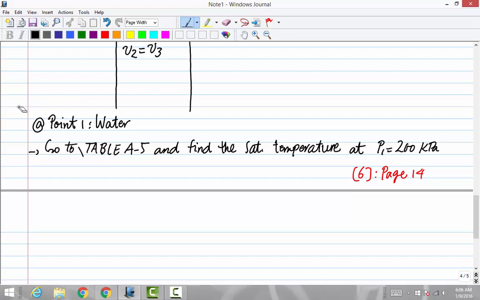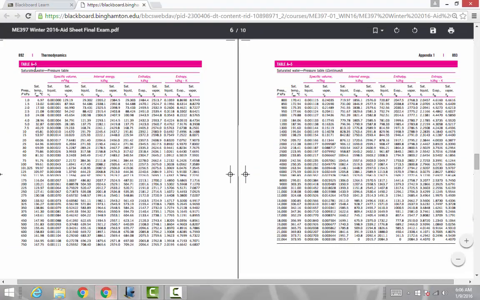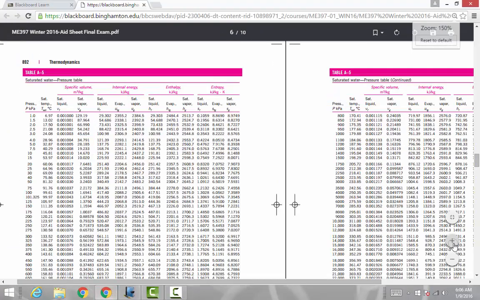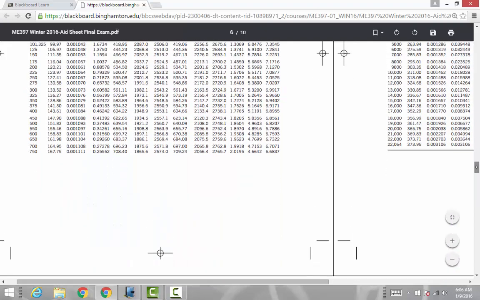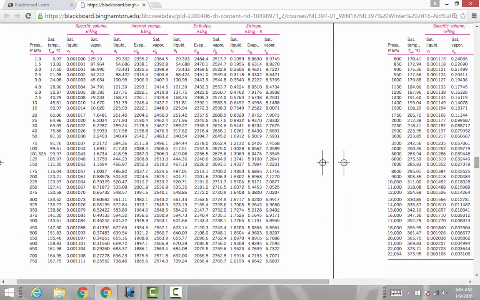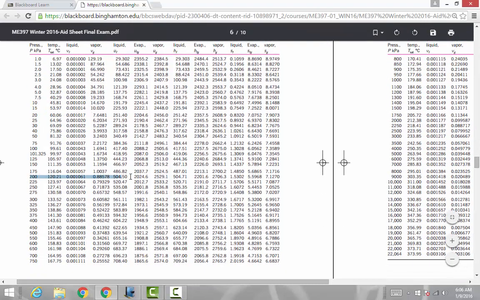So at P1, the table says that the saturated temperature at 200 kPa is, let's go to the table. So here's table A5. Let me zoom in. Okay, and on the very left column we have all these saturated pressures, and the pressure that we're talking about is 200. So this is this row, 200.